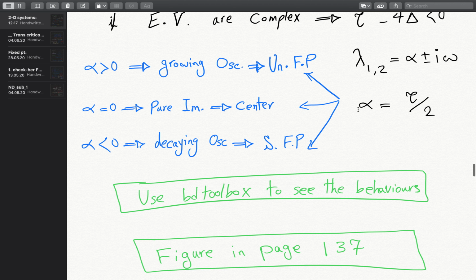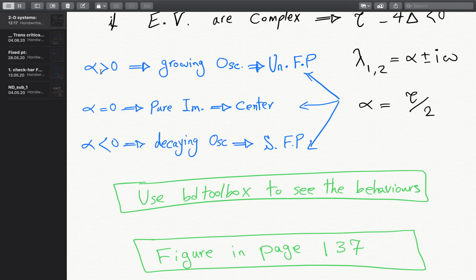If this alpha, which is half of the trace of your matrix, if A and D are opposite of each other, alpha is 0, therefore you have a center. And if alpha is positive, then you have a growing oscillation, whereas before alpha was decaying, right? Let's find this unstable fixed point.